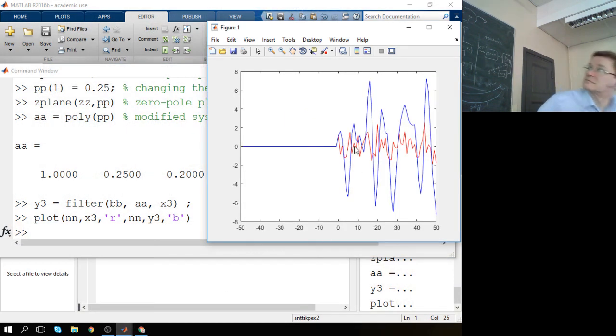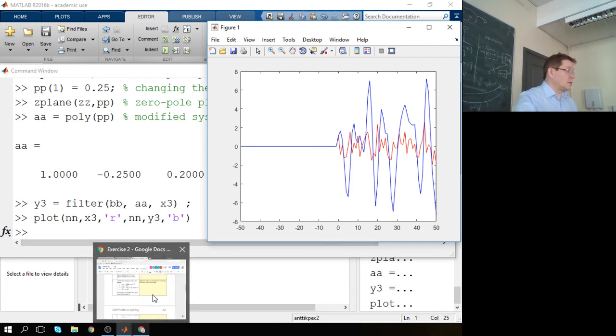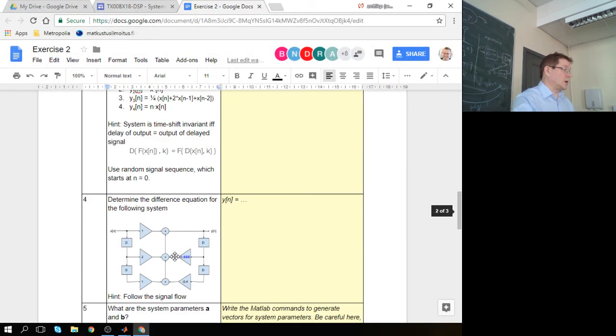Ha! Blue is bigger. Basically, it comes from the fact that this filter has some gain on it. So it's not just filtering the signal, it's also amplifying it.